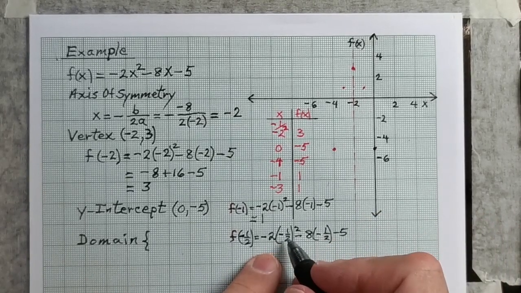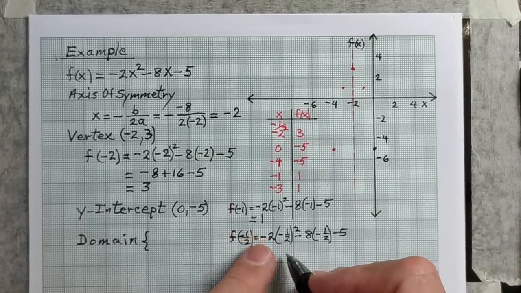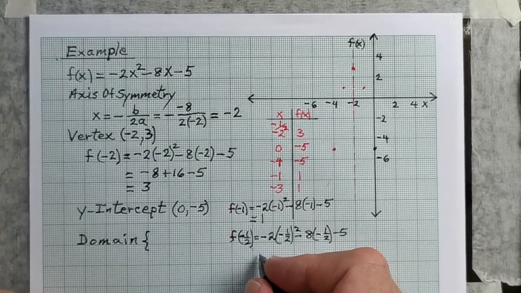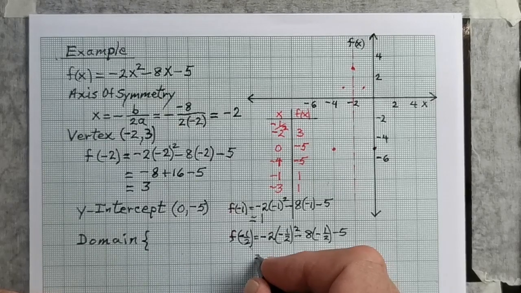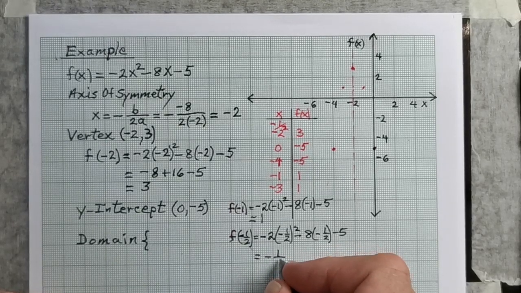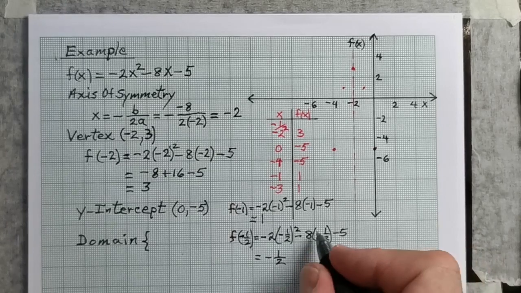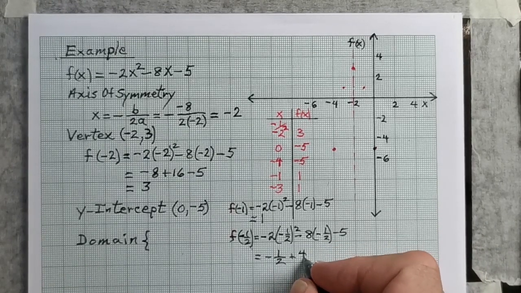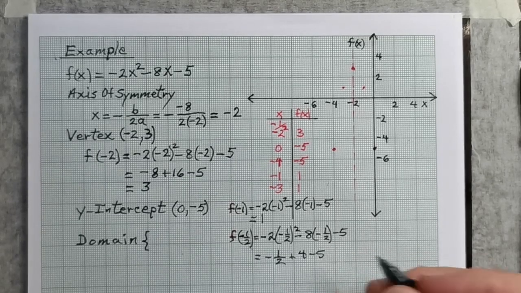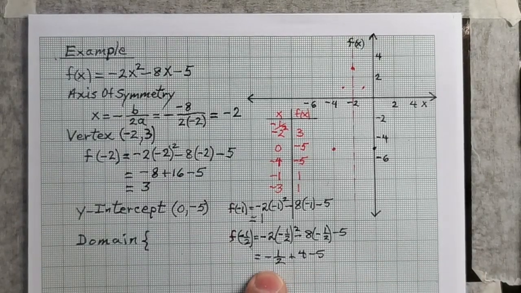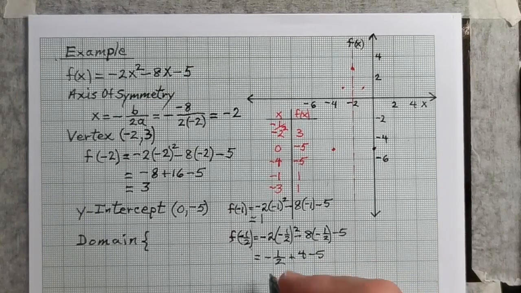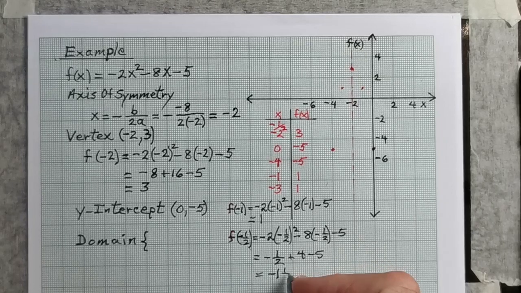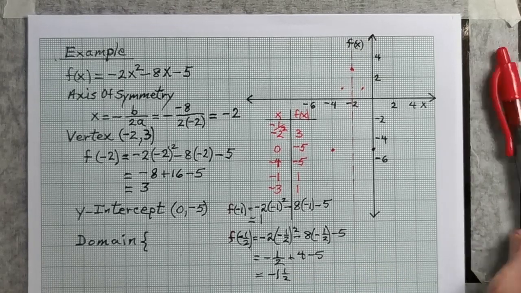And so negative 1/2 squared is positive 1/4. 2 goes into 4 2 times. And so this is negative 1/2. Okay, plus half of 8 is 4. And then take away 5. Well, 4 take away 5 is negative 1, but then subtract another half. So this is equal to negative 1.5.